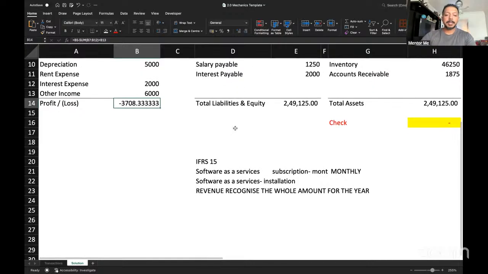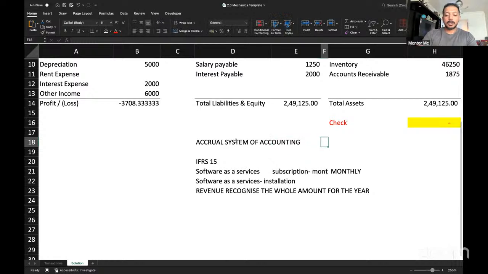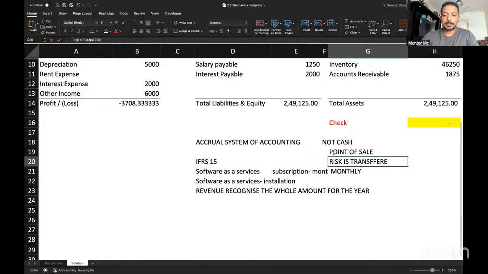Why? Because remember the big statement we make: the statements follow the accrual system of accounting, which means not cash. It recognizes revenue at the point of sale, or when the risk is transferred, or when the contract is signed.